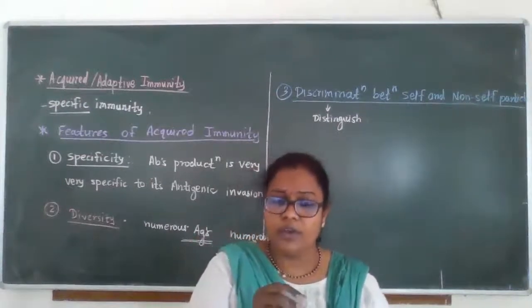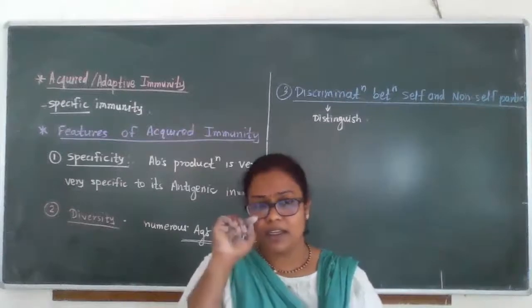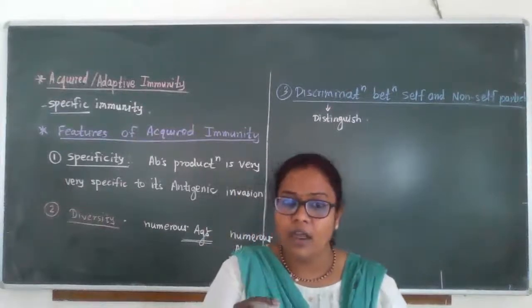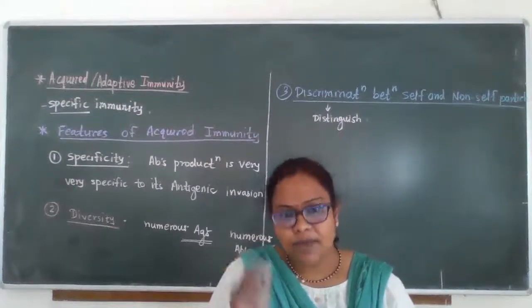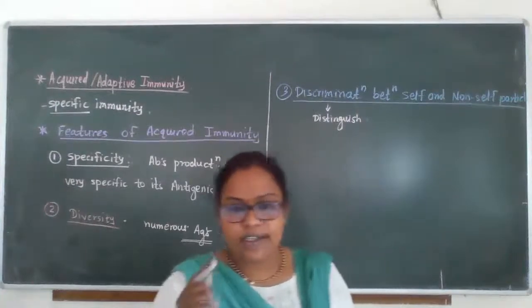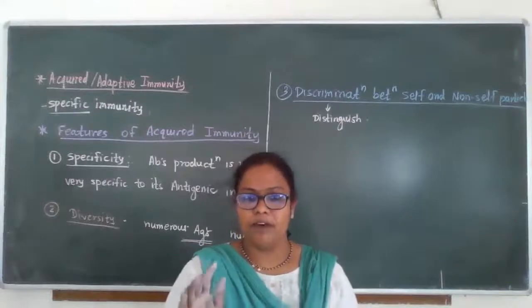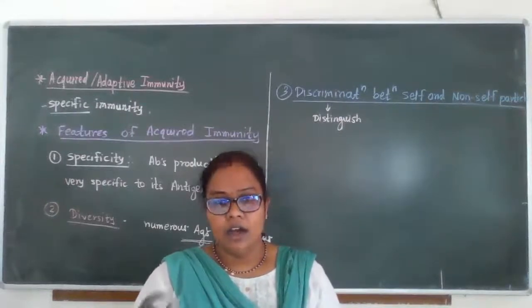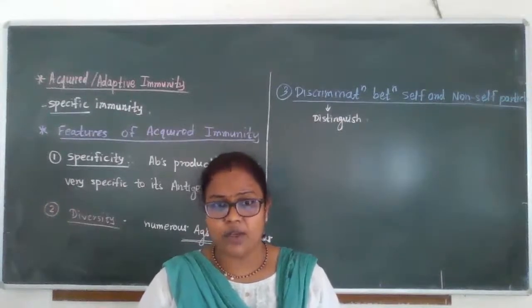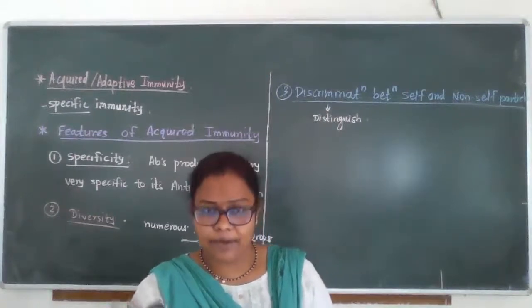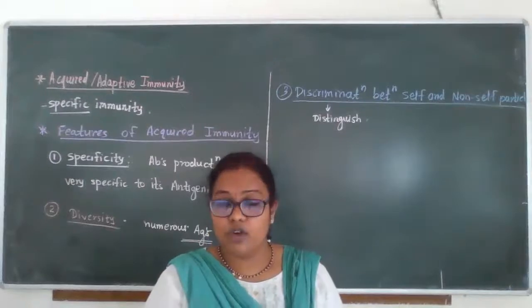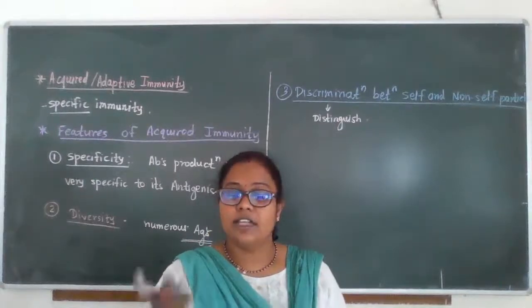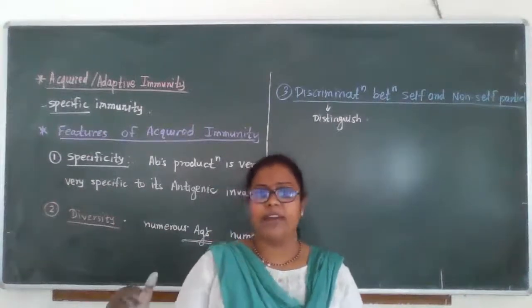Among them, the non-self particles and the foreign material which cause disease must be identified. So it is a very important feature of acquired immunity. As we have defined, immunity is the ability of the body to identify first, then to destroy, and then to eliminate, right?